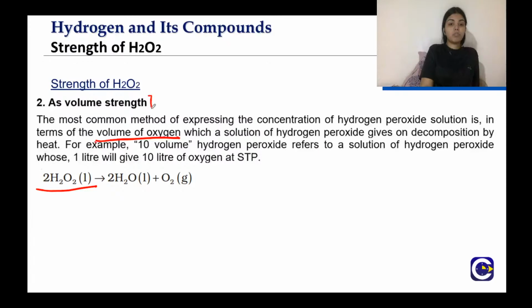So this volume strength particularly we need to convert, or basically we do a conversion with molarity and normality. We have to convert particularly how with the help of molarity we can find out volume strength, and how with the help of normality we can find out volume strength. So this is the main aim.